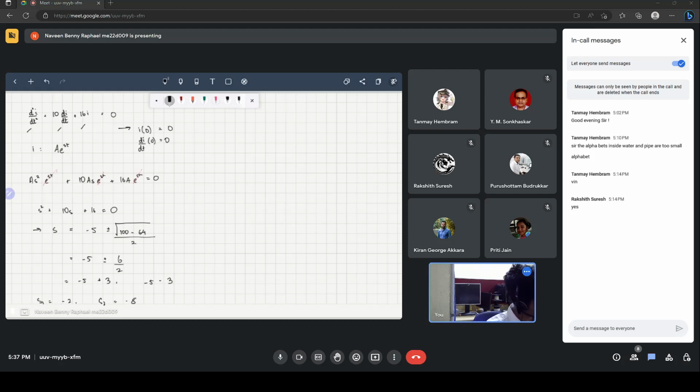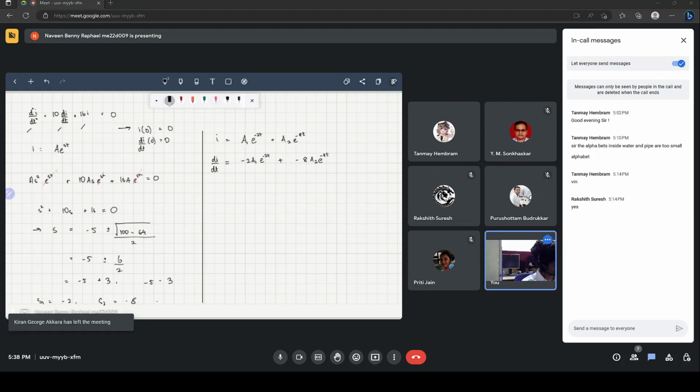Then our final equation will be... we have two linear equations and two variables to solve for, A1 and A2.